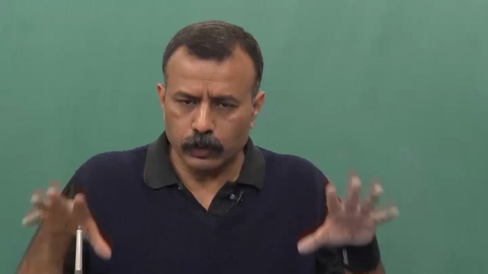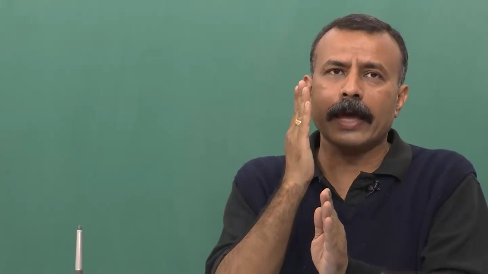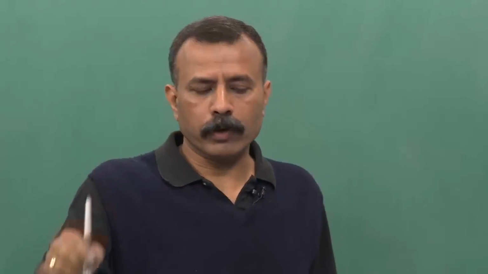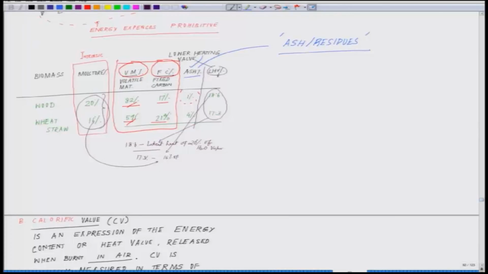These are the two clear-cut distinctions of what we meant by residue and what we meant by ash. Now, we will come to ash content out here. So, 1%, 4% likewise. Okay. If you look at it, though wheat straw has lesser moisture, it has higher ash content as compared to the wood. Okay.